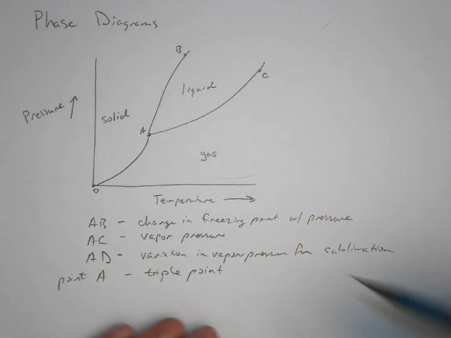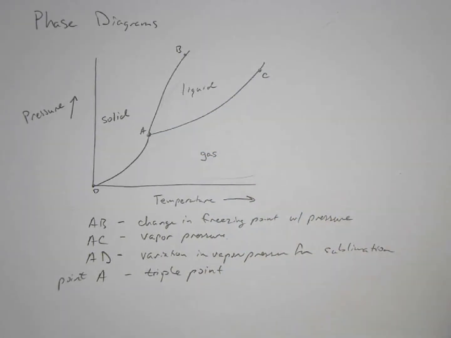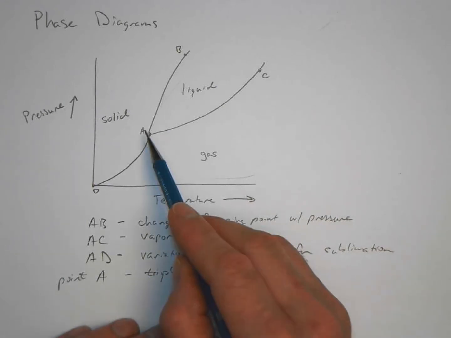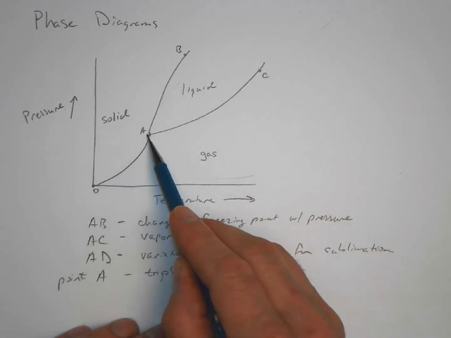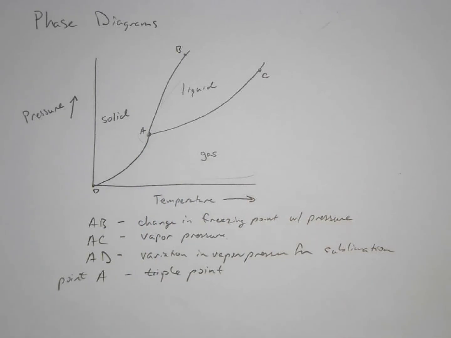And like its name implies, this point right there is a point at which, if you were at this exact pressure and this exact temperature, you would have, or could have, all three of those materials present at the same time. All three phases are in equilibrium.